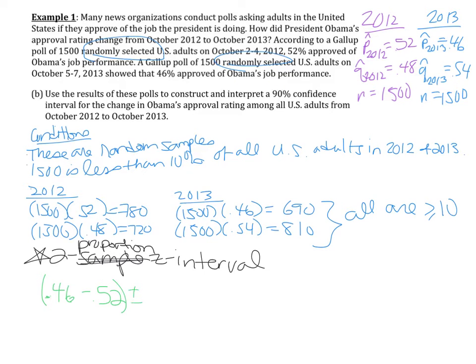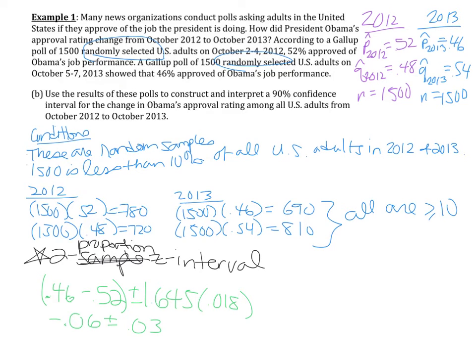From there, I get plus or minus. My Z star for 90% confidence interval is 1.645. My standard error, remember, I found it in the previous example. This is from part A. So in the end, you end up getting negative 0.06 plus or minus 0.03.